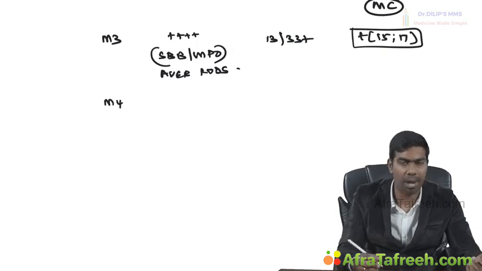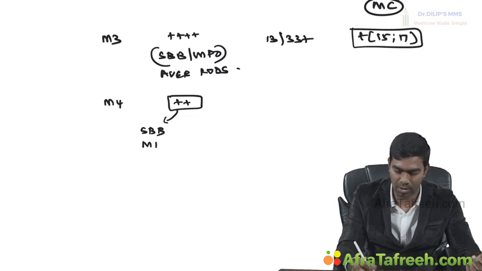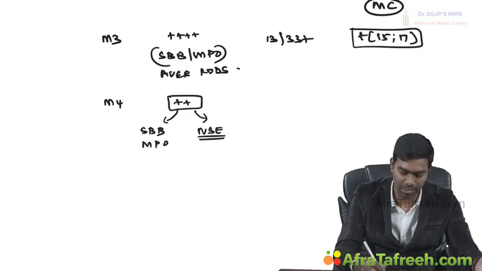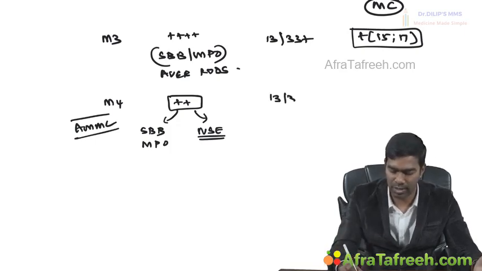And you have M4. What stain will be positive? Here it's a little bit confusing. They will be positive for both Sudan black and myeloperoxidase, and they'll also be positive for non-specific esterase, because it's a myelomonocytic leukemia, AMML. Definitely they are not only CD13 and CD33 positive, they will also be CD11b and CD14 positive, surely.